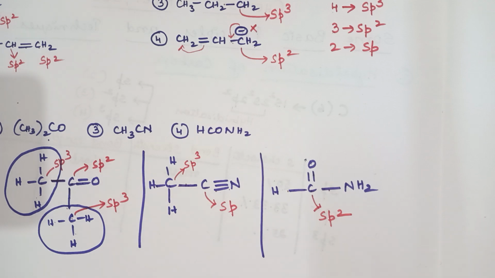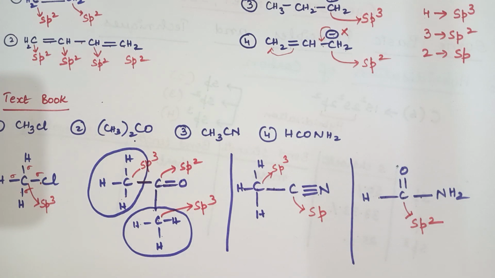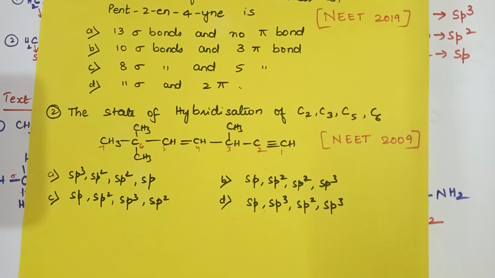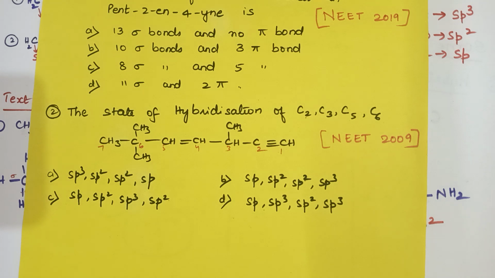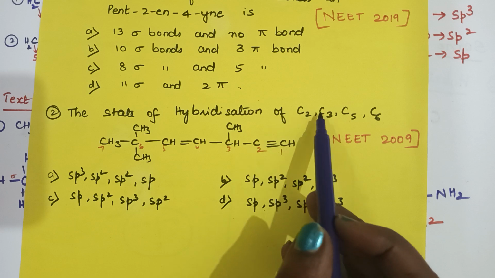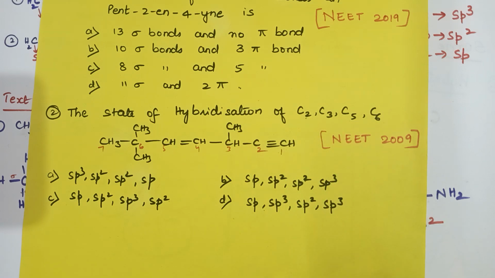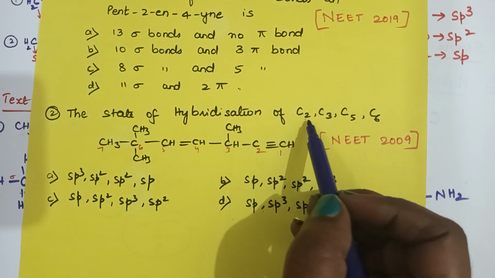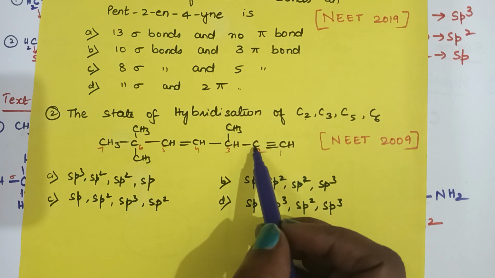So now we will solve the NEET question which I showed you at the beginning. So this is the question I showed. The state of hybridization of carbon 2, carbon 3, carbon 5 and carbon 6. So carbon 2. This is carbon 1, this is carbon 2.